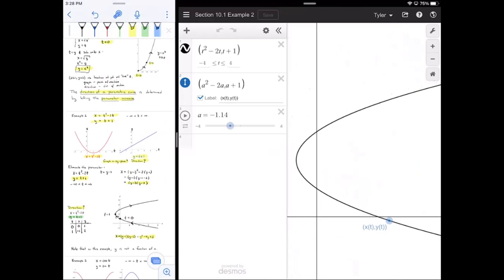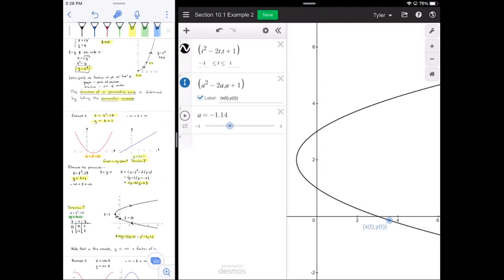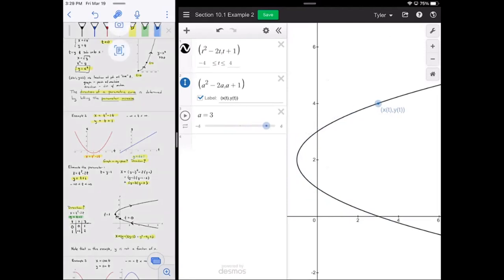I turned off the axis scale here, so we can't see, but we know that that is crossing the y-axis when y is 1 and y is 3. Maybe I can turn them back on if you want to see those numbers. The scale's not locating them there, but I've got my point x of t, y of t labeled there, and I just want to once again show you that if I increase the parameter, the direction is correct. That point is sweeping along that curve in the direction that we labeled the arrows. You can still see the arrows over here on the left in the picture.